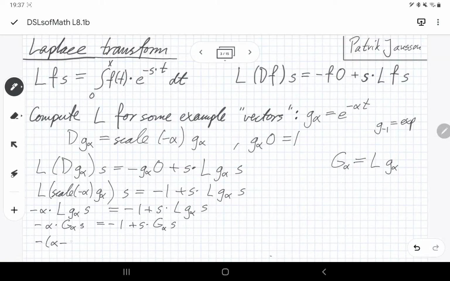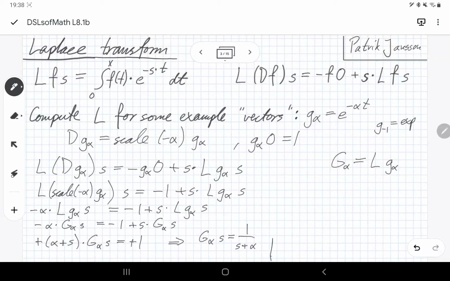Minus alpha minus S times G alpha of S equals -1, where I've just moved this term over to the other side. Oops, sorry, it was minus alpha plus S. I extracted the minus sign from alpha and the minus sign I get from plus S when I move it to the other side. Now I can get rid of the minus signs on both sides and divide by alpha plus S, which gives me at the end that G alpha of S is equal to 1 over S plus alpha.